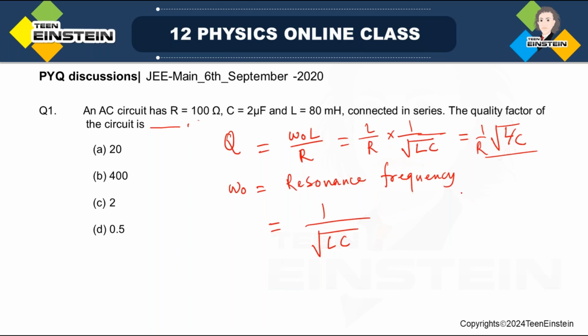L and C are given and R also is given. So the quality factor is 1 over 100 into root over L by C.